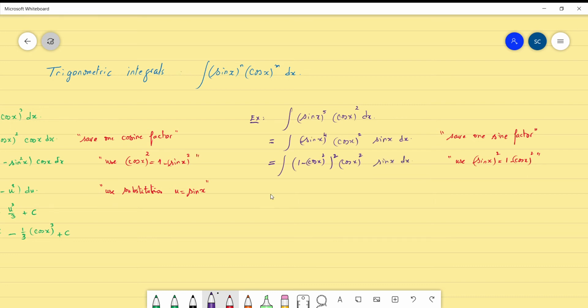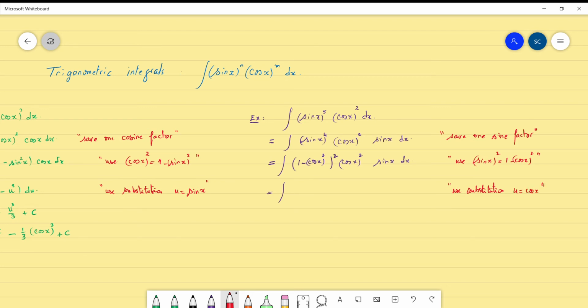And now I see that I can use a substitution: u equals cosine x.